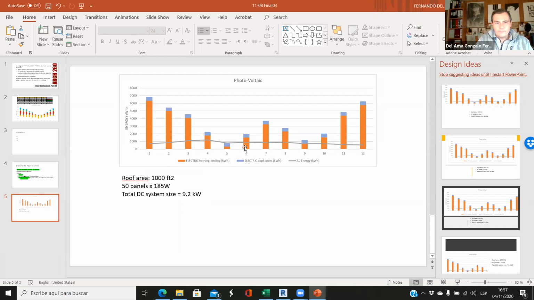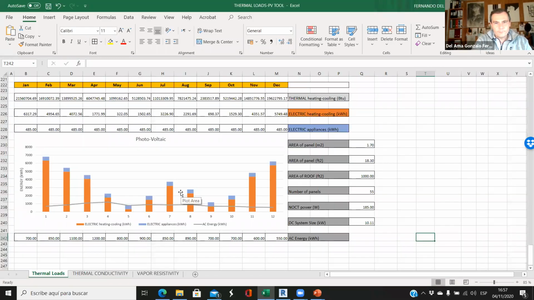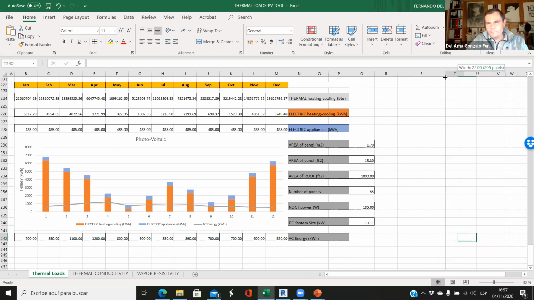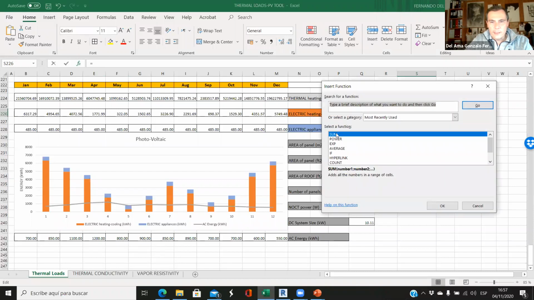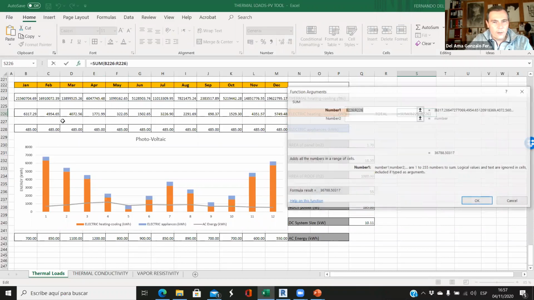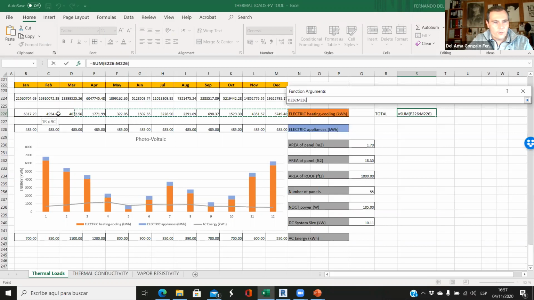What do we have to do now? Well, we need to increase the PV production. And I'm still developing this, and I think we can. Okay, so this is the total electric heating and cooling load. We have to add all these up. Here we can say that this is the sum of all these rows.